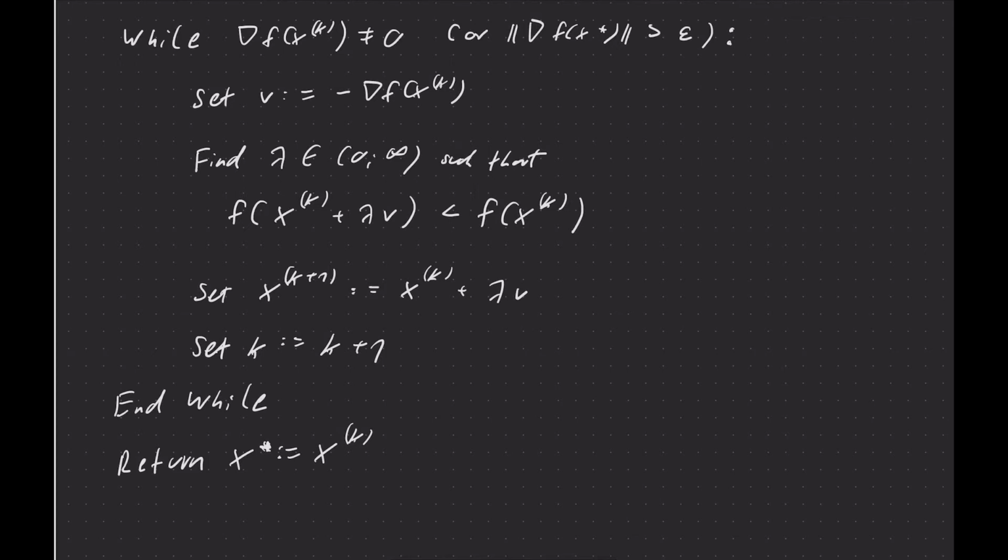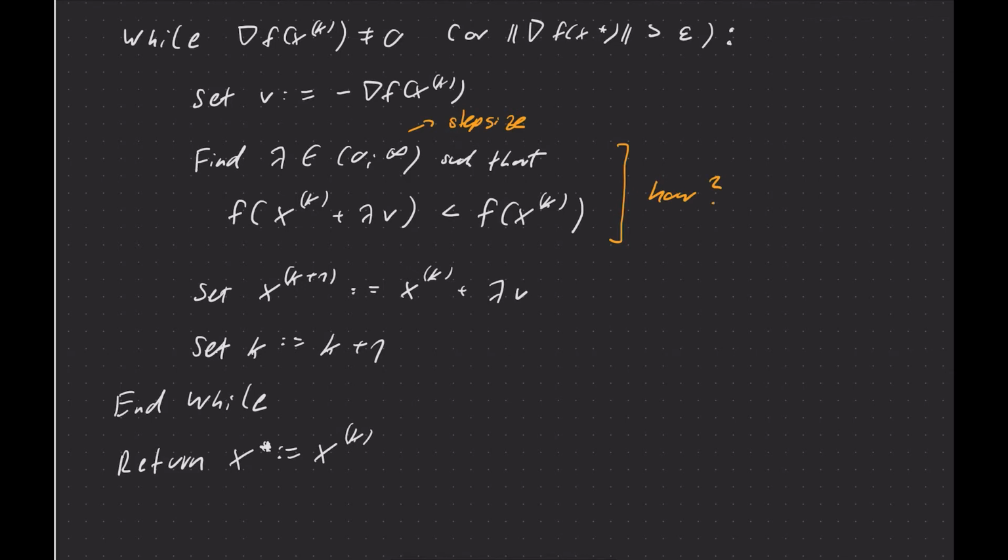Okay, so let me just make a quick note of what I told you already. This lambda here, that is called the step size of our move. And of course, one thing that I didn't specify yet is how will we actually find such a lambda? And that's a non-trivial question.